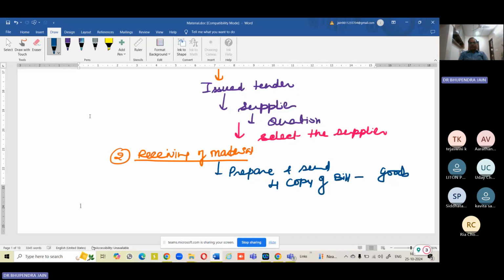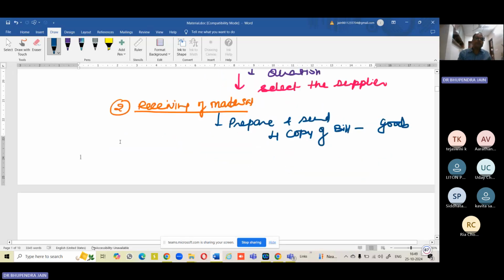After selecting the supplier, suppose you have selected supplier B and supplier B now supplies the goods. So now we will be receiving the material. At the time of receiving the material, the supplier sends 4 copies of the bill along with the material. How many copies? 4 copies.